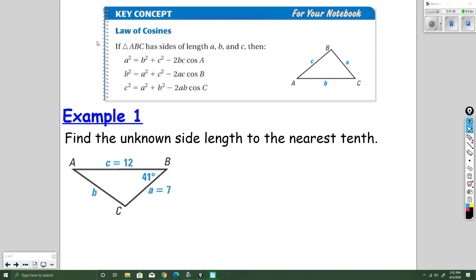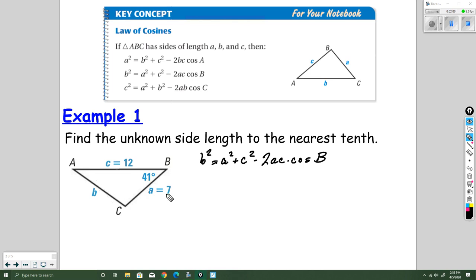So if we take a look at example 1 here, we're looking for side b. We already have sides a and c. We're just looking for side b now. So if we're looking for side b, we're going to use the equation that starts with b. So that's b squared equals a squared plus c squared minus 2ac times cosine of angle B. Now we're going to plug in what we know.